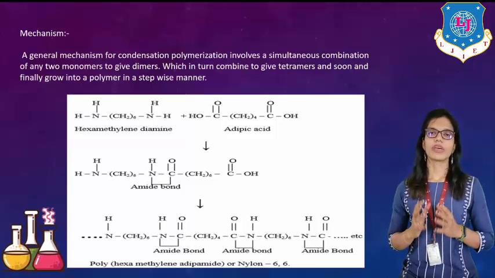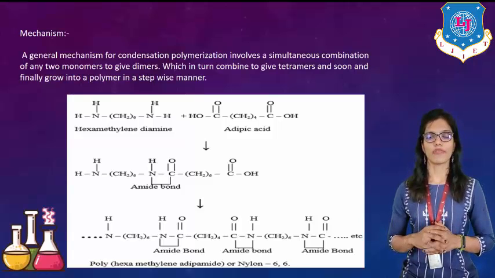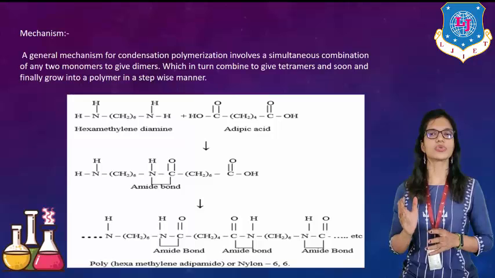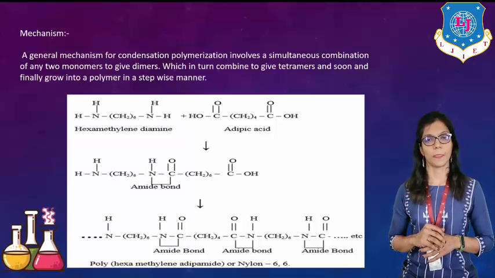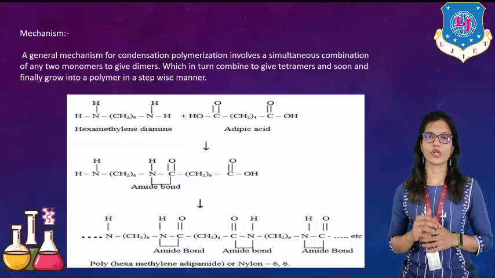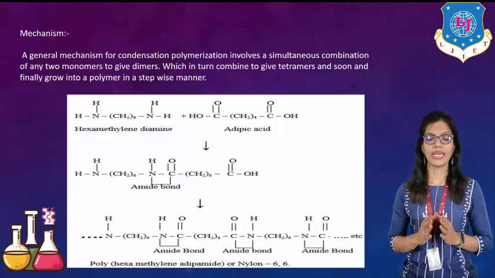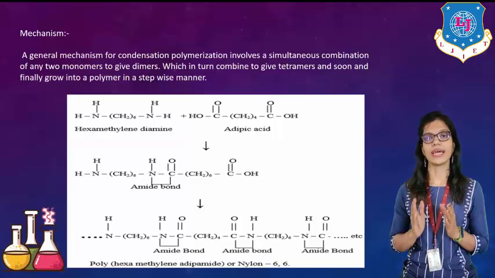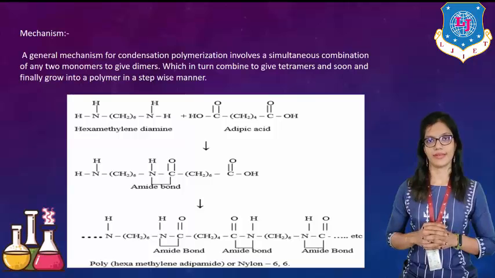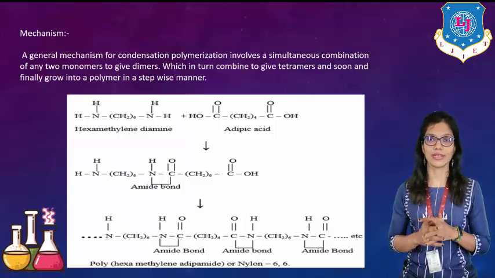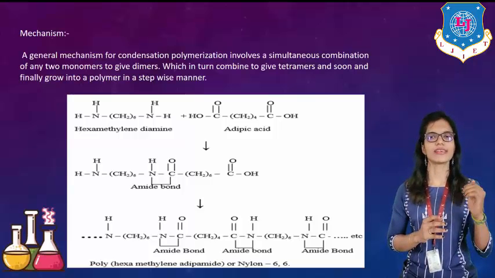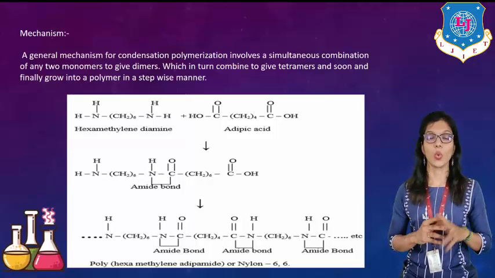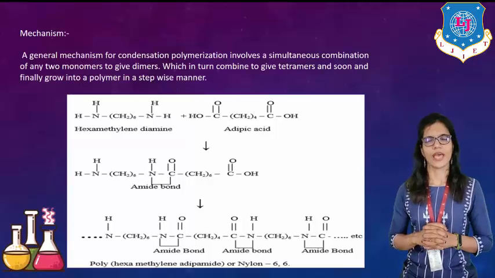Here I have given you an example of nylon 6:6. So it can also be known as polyhexamethylene adipamide. Nylon 6:6, another name is polyhexamethylene adipamide. Why is it so?